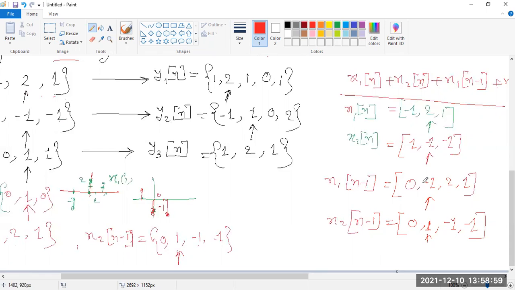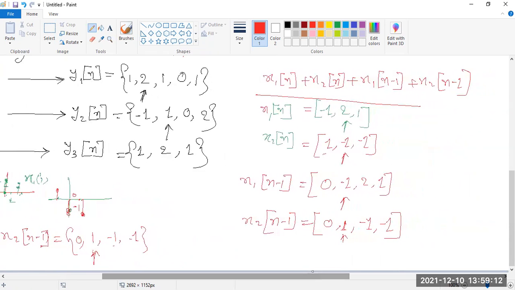So if you add this, what happens? Look, -1 minus +1, so it will give you 0, and this is 2 minus 2. Sorry, this is -1. 2 minus 1 minus 1 means -2 plus 2.